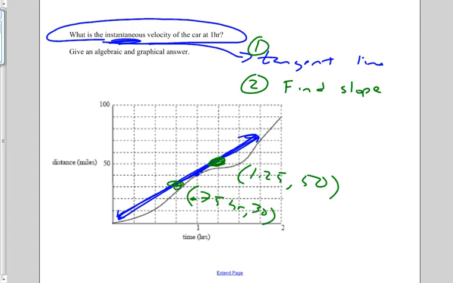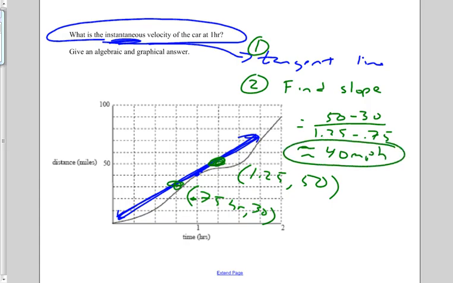So the slope equals 50 minus 30 over 1.25 minus 0.75, which is roughly 40 miles per hour. So we found the instantaneous velocity graphically, by drawing a tangent line and finding the slope of that tangent line.